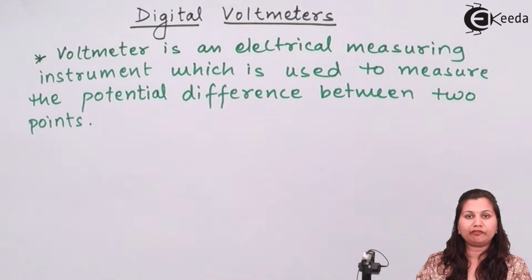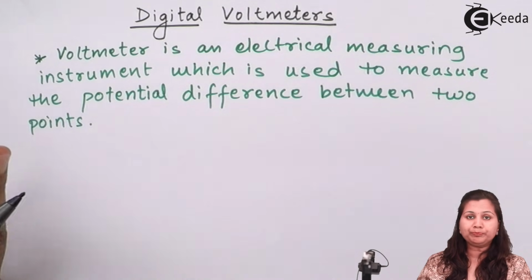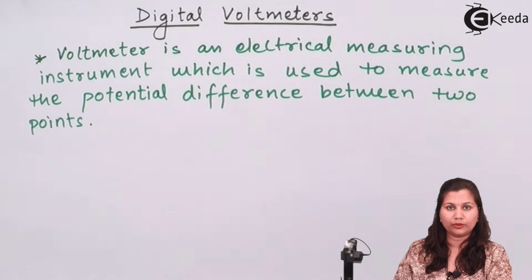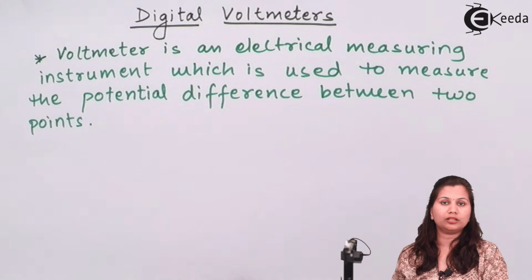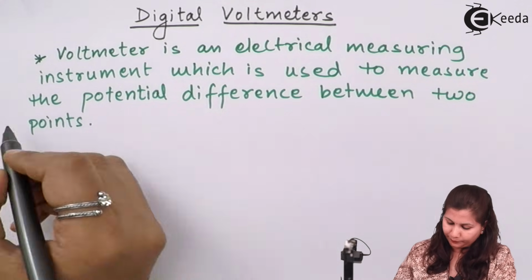This pointer will be deflected over a calibrated scale, and we can read the readings from this scale. Whereas the digital voltmeter gives us the direct reading, meaning it provides us the discrete numerical value of the voltage. So that is the difference between the analog and the digital voltmeters.